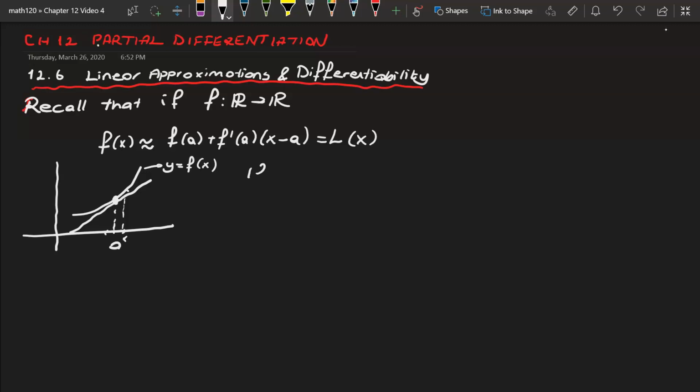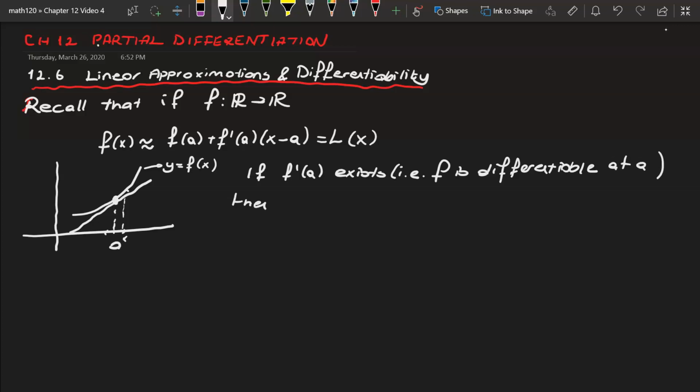So we can say if f prime of a exists, which means f is differentiable at a, then L of x is a good approximation. Here x is near a.